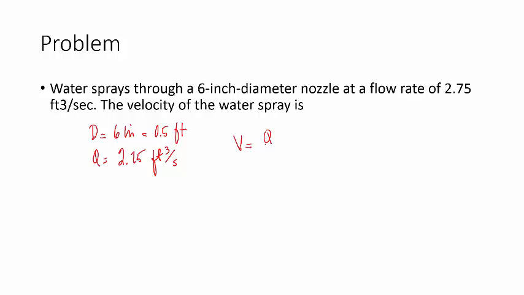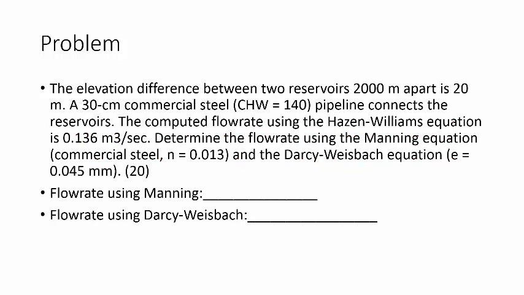The velocity is Q over A, so 2.75 cubic feet per second divided by π times 0.5 squared over 4, so the velocity is 14.0 feet per second.